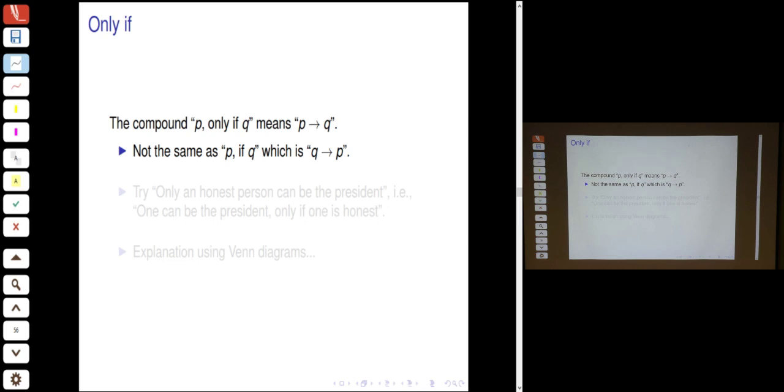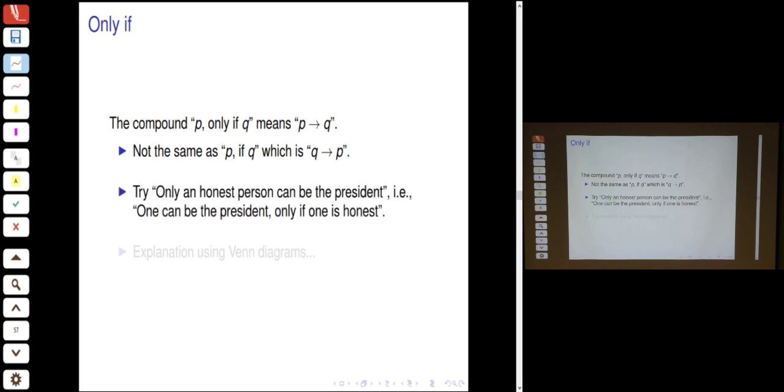So not the same as P if Q, right? P if Q means Q arrow P. Now, P only if Q means P arrow Q. It is the opposite. So if and only if give you opposite pointing arrows.